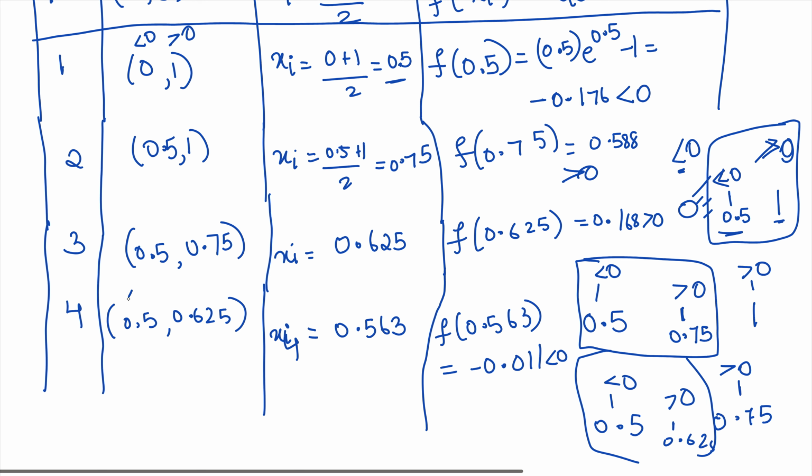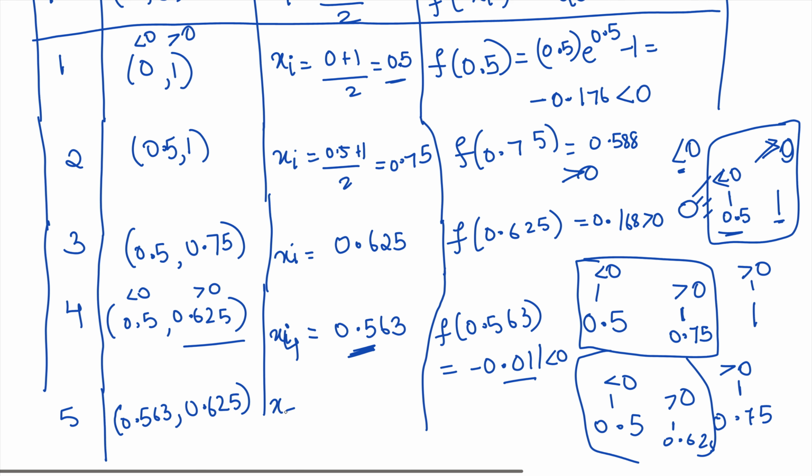Okay, so this was less than 0, this was greater than 0, and what is f of the middle value, f of 0.563, giving us less than 0. So what do we take? We take less than 0 and greater than 0, right? So now our next interval would be 0.563 comma 0.625, right?